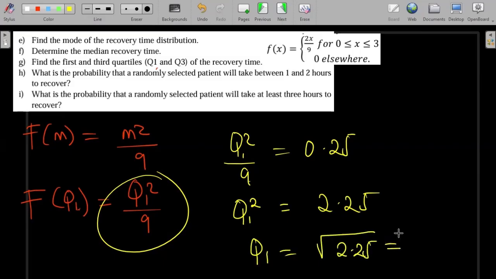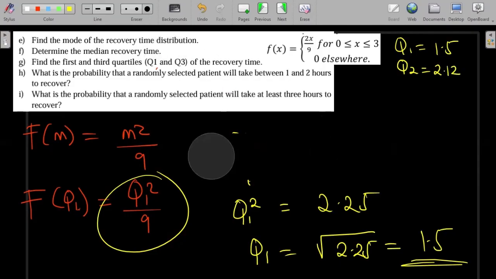The square root of 2.25 is 1.5. So our Q1 is 1.5. We can write it here: Q1, we found it was 1.5. The median, which is the same as Q2, we had found was 2.12. So now let's find Q3.